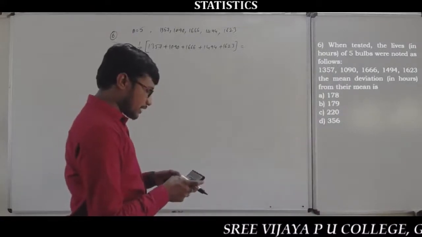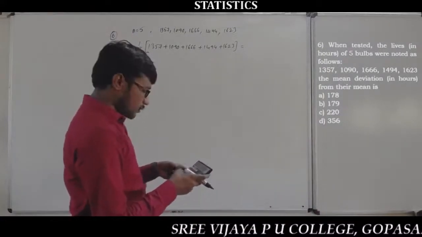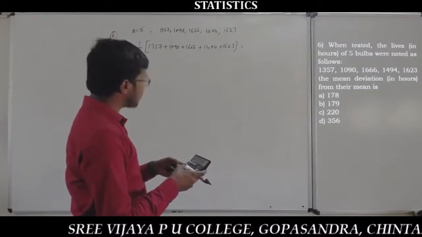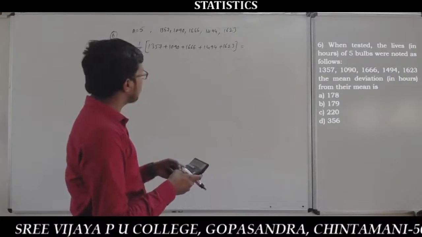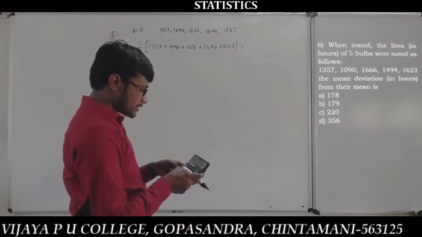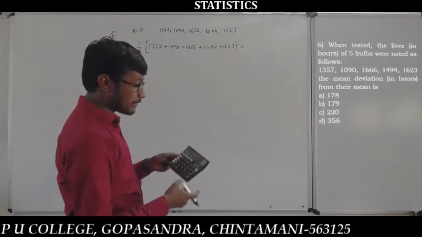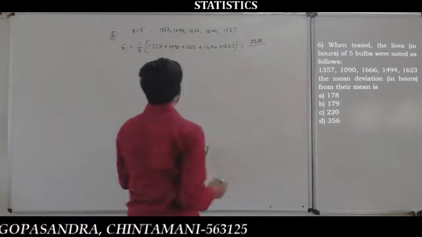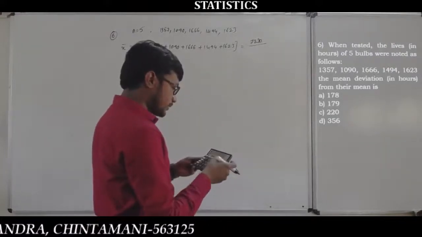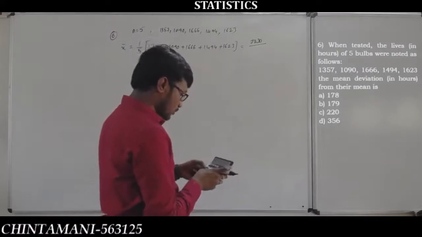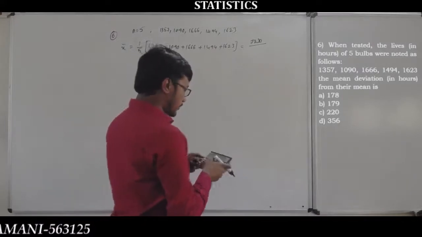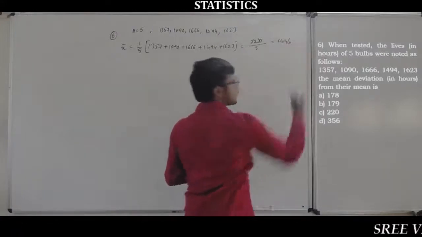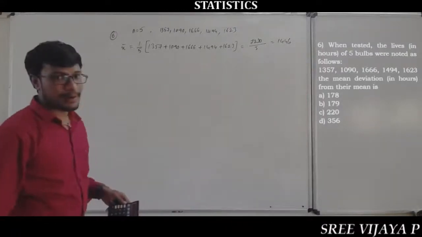So 1357 plus 1090 plus 1666 plus 1494 plus 1623, you got 7230. That should be divided by 5, which gives 1446. So this is the x bar.